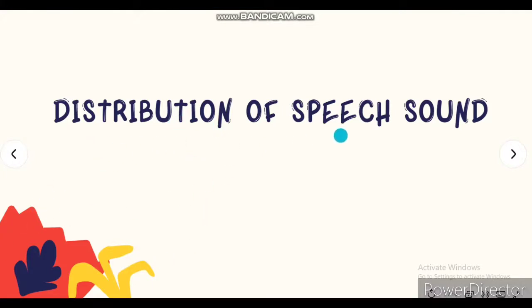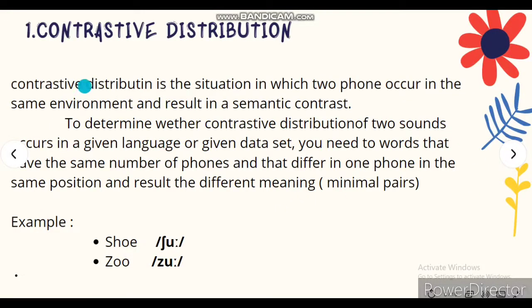Distribution here refers to the set of phonetic environments in which a phone occurs. The phonetic environment of a sound consists of the sounds that surround it, the sounds that precede it, and the sounds that follow it. So for distribution, first we have contrastive distribution.